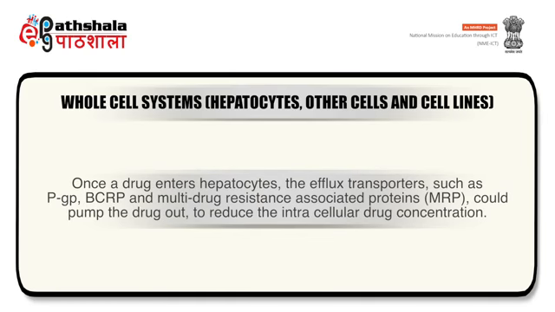Once a drug enters hepatocytes, efflux transporters such as PGP or BCRP and multidrug resistance-associated protein, that is MRP, could pump the drug out to reduce the intracellular drug concentration.